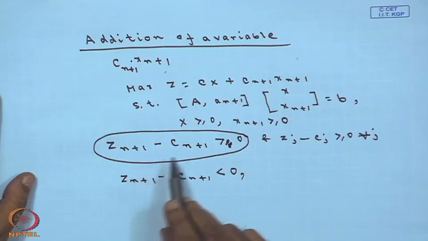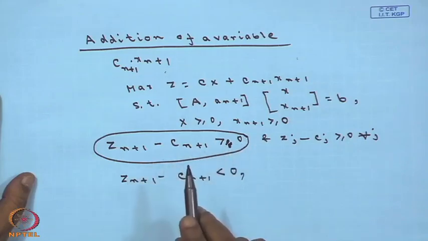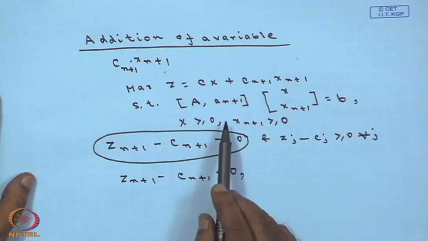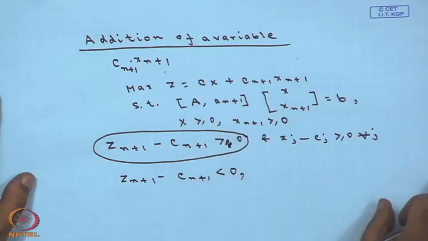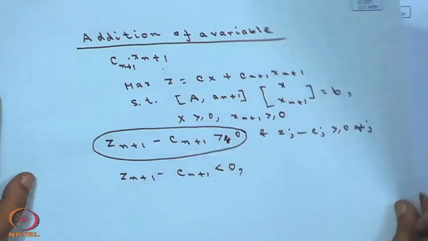But if Zn+1 minus Cn+1 is greater than 0, the original solution will remain the same. So, if you are adding a vector, feasibility will remain the same, but optimality may change depending upon the values of Zn+1 and Cn+1.